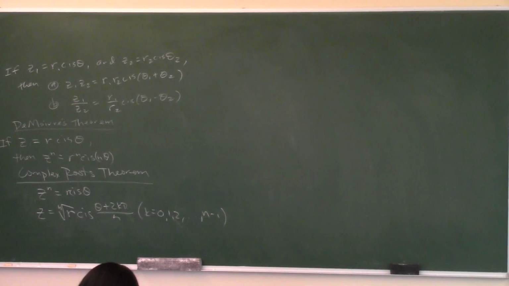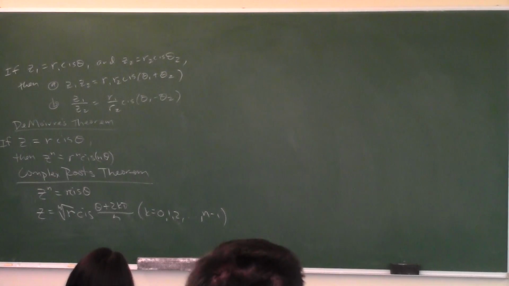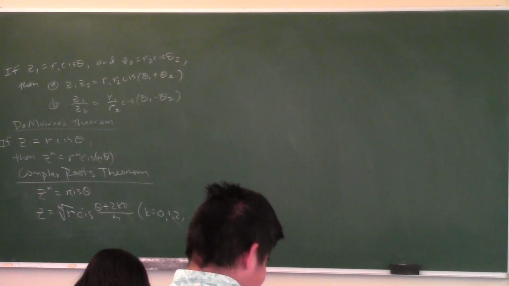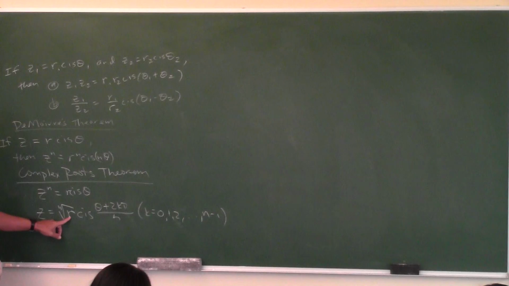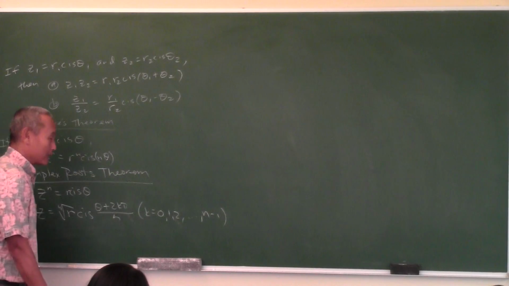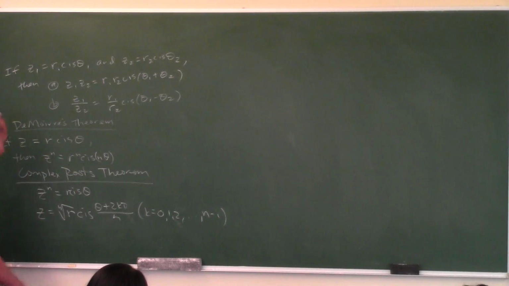Holy shit. That has three. Wait, is the cis not in the root of r or the nth root of r? Say that again? It's just the nth root of r and not n. That's the nth root of r, okay, and then cis is on the outside. What does this mean, Monsieur Park? Is that an n or an r? Under the, this is an n.